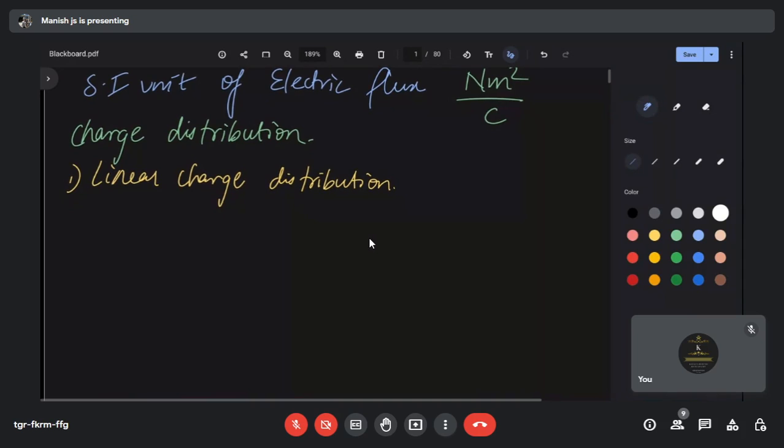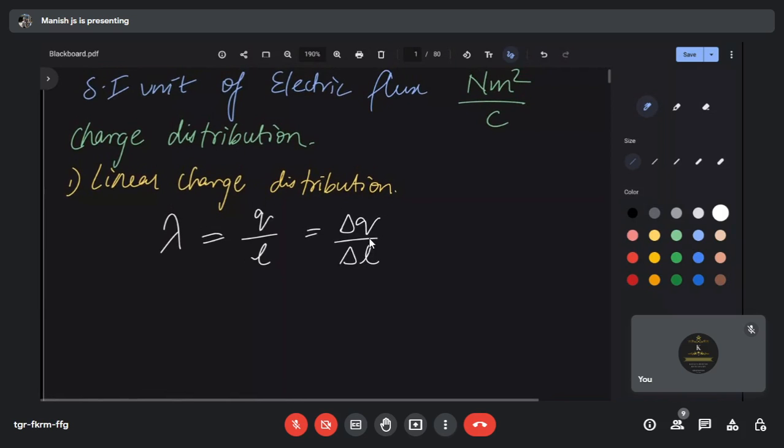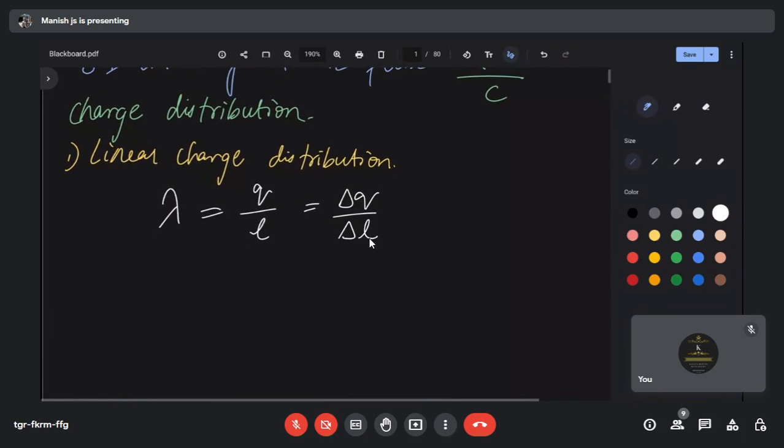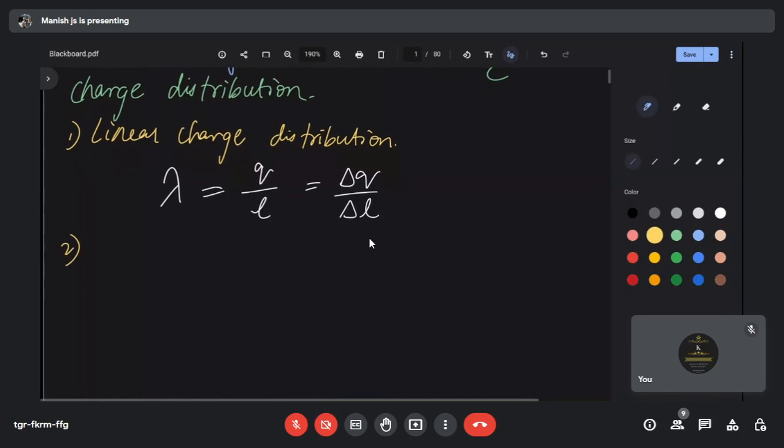We represent linear charge distribution as lambda, which is the charge per unit length. The change in the charge is delta Q upon delta L. So this is lambda. Charge varying per unit length, you call that a linear charge distribution. Similarly, how can we represent the area? The second one is the area charge distribution or surface charge distribution.